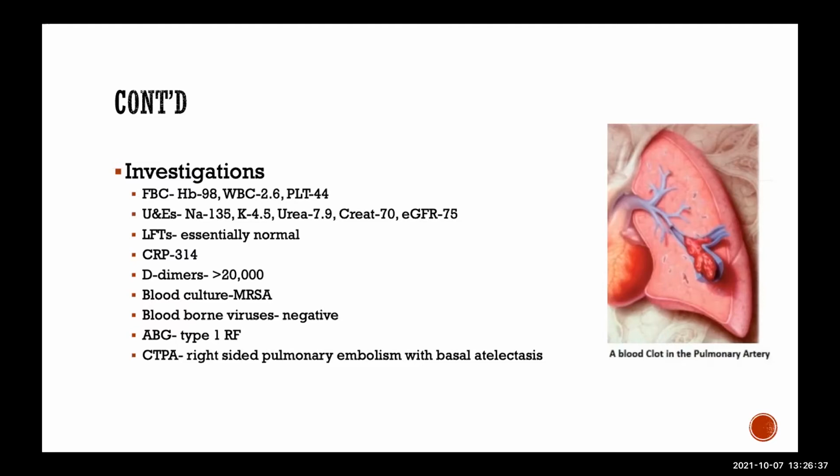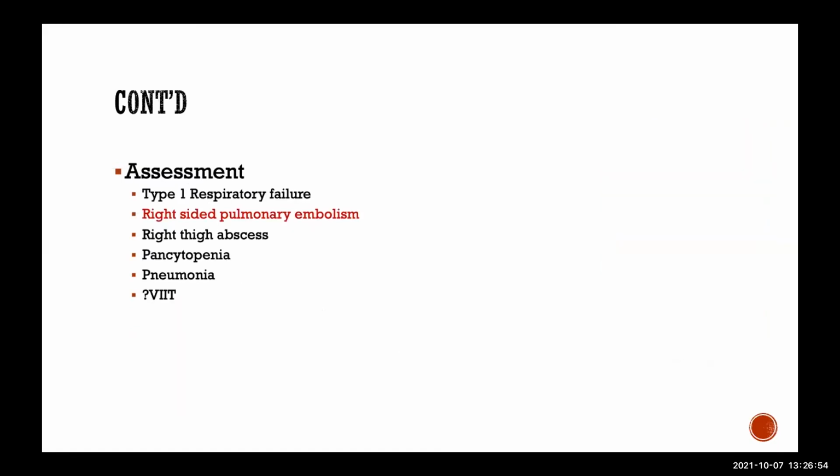And of course, we went on to request the first-line imaging for suspected pulmonary embolism, which is the CT pulmonary angio. And this then revealed a right-sided pulmonary embolism with basal atelectasis. And at this point, of course, we made an assessment of type 1 respiratory failure, secondary to the pulmonary embolism.